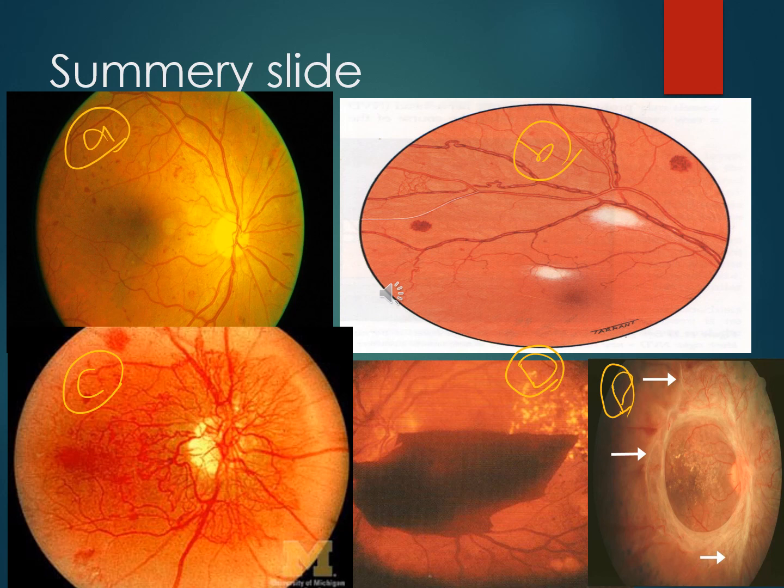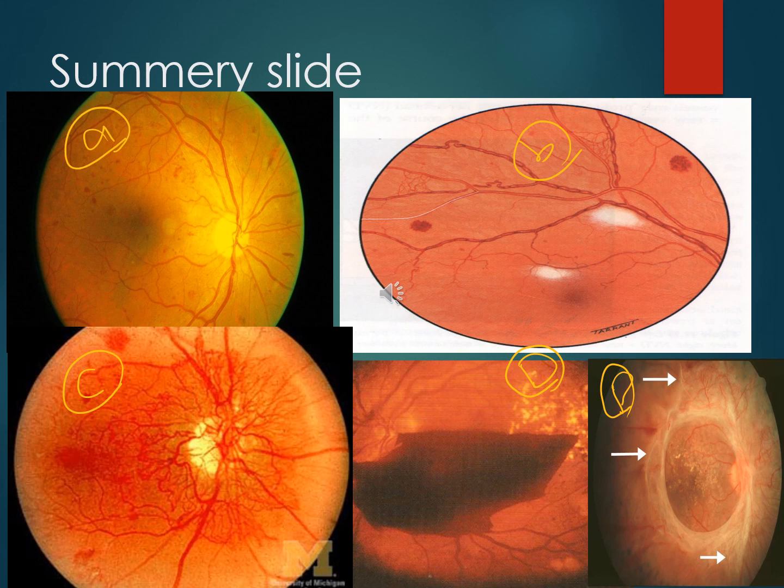The treatment here is pars plana vitrectomy with endolaser. So in a patient with diabetic retinopathy, the causes of a drop of vision may be sudden loss of vision, like vitreous hemorrhage, or gradual loss of vision, for example, in tractional retinal detachment.